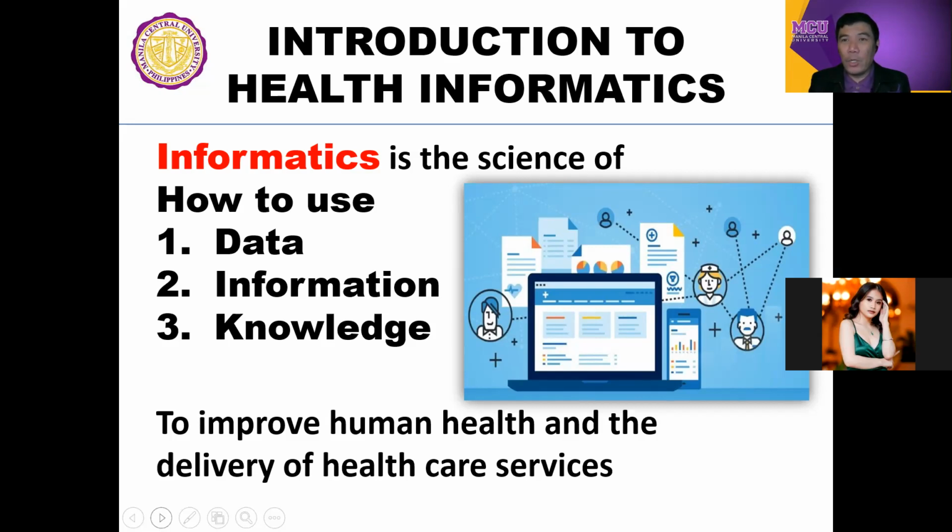How about information? If we say nursing healthcare workforce, we identify the healthcare, we identify the nursing. We're talking about manpower, workers, employees.